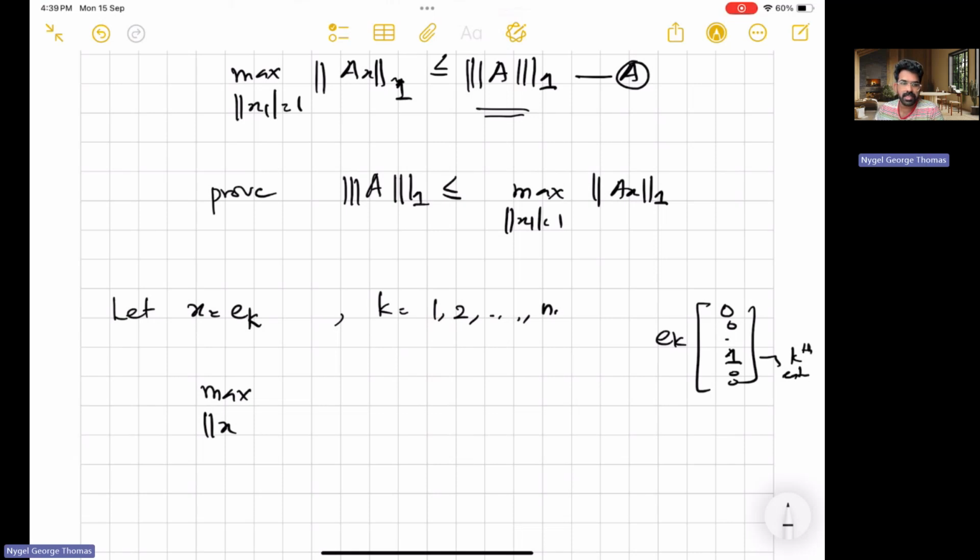It is one of the candidates which can actually optimize this problem, with norm of x1 equal to 1. So what does it do? If we find Ax in this case, it will be ak. Why? Okay, we'll discuss this part.